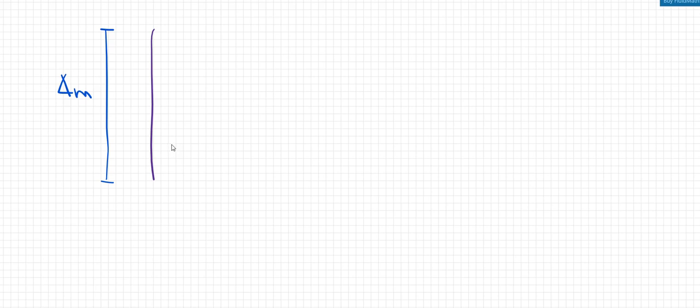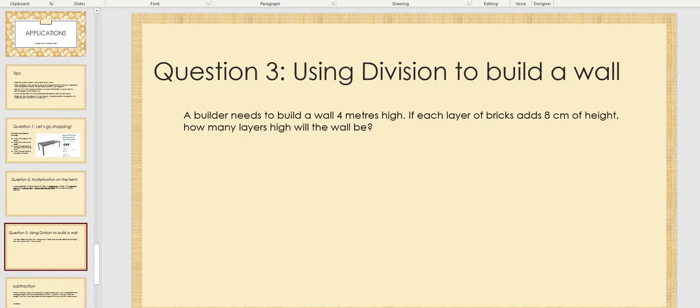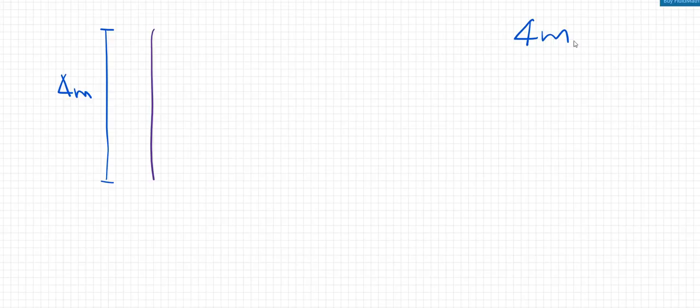Now, each layer of brick adds 8 centimeters of height. So each layer is 8 centimeters. So we can see that the next thing we might have to do is change our meters into centimeters. So 4 meters is equal to how many centimeters?